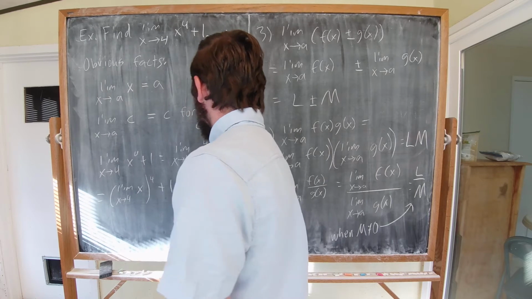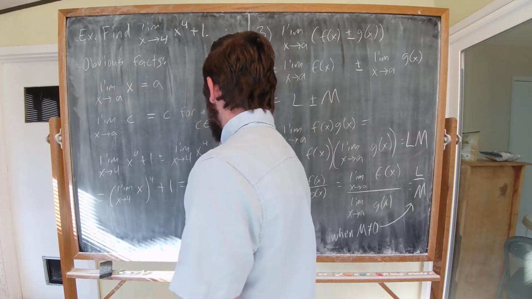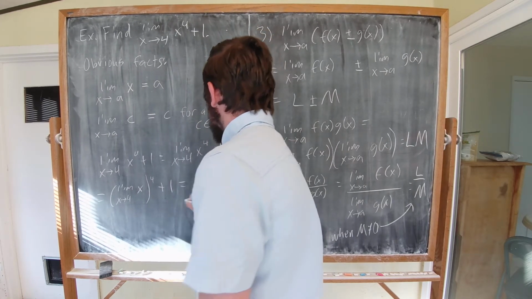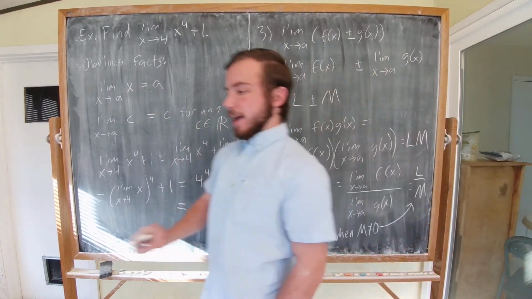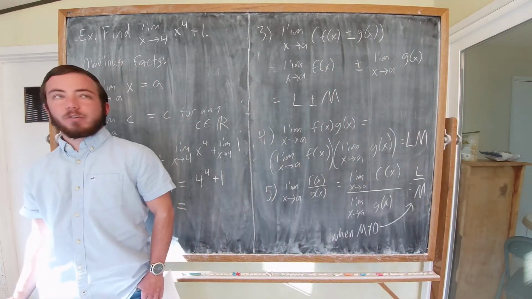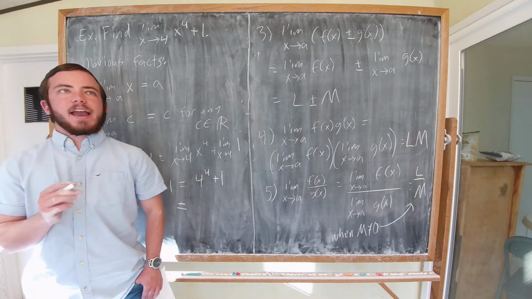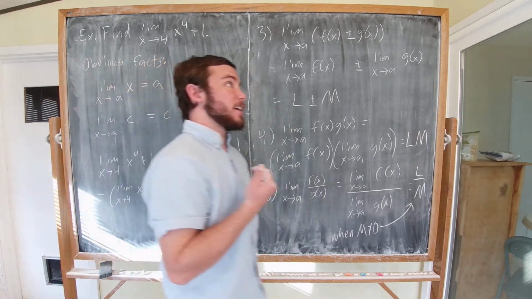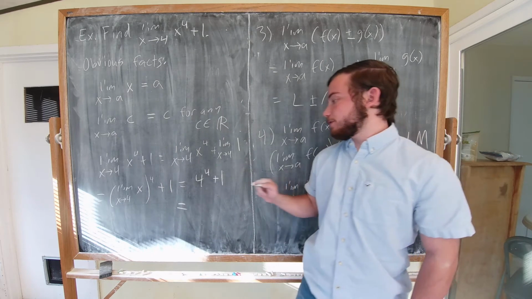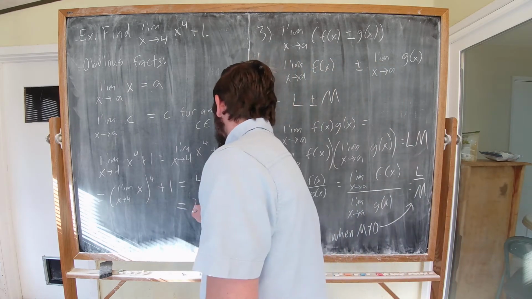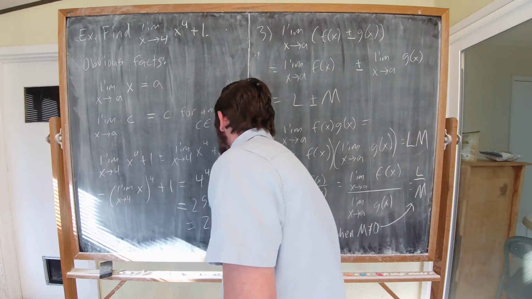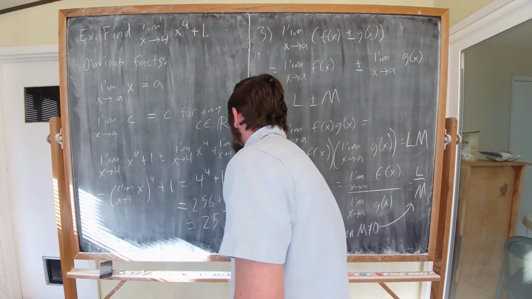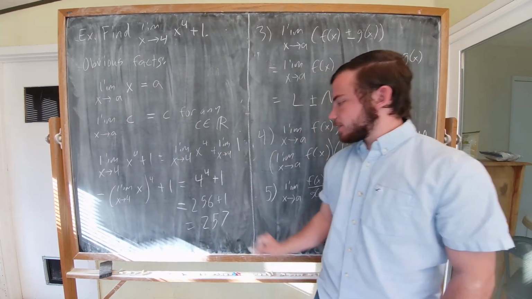So this is 4 to the 4th power plus 1, which, let me try to do my multiplication quickly, we get 4, 16, 64, 256 plus 1, which is 257.